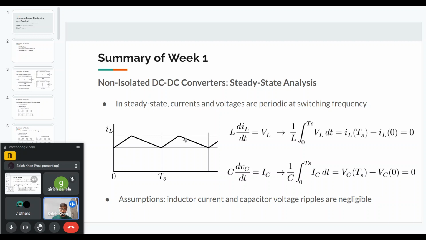So, for example, again I will use the inductor voltage equation and the capacitor equation. For inductors, L di/dt is equal to the voltage across the inductor.